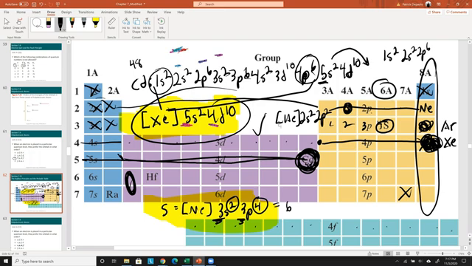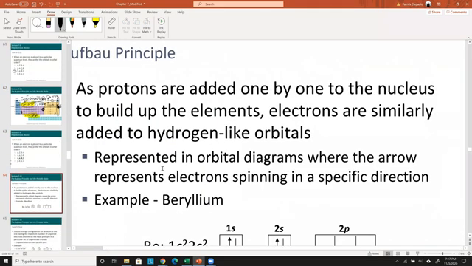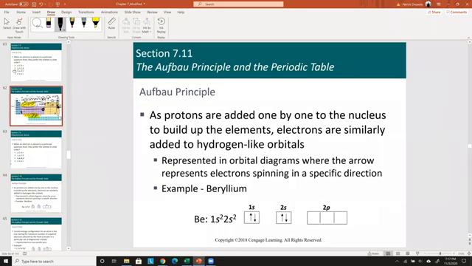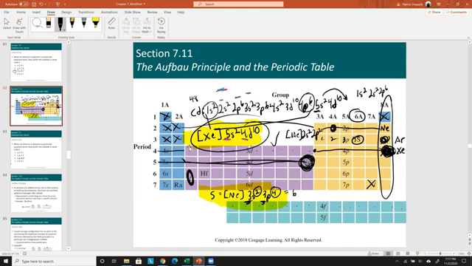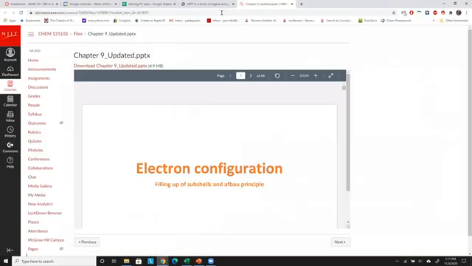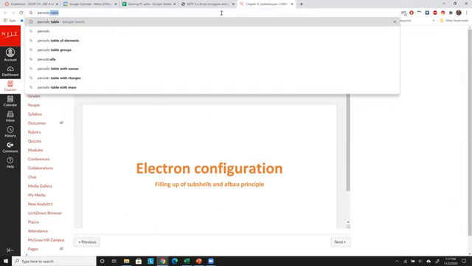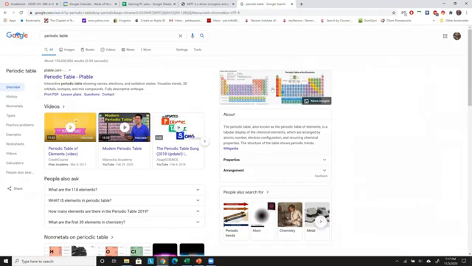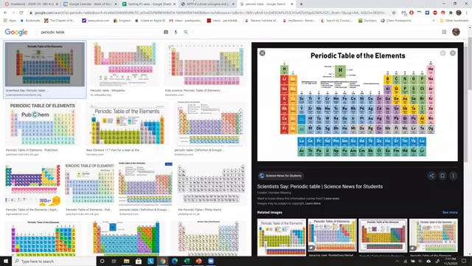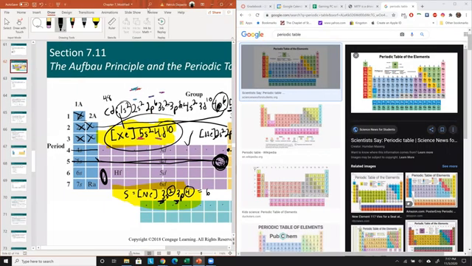Okay, so here's what we're going to do now. We're going to do some practice, and we're going to take a little mini break. Oh, yeah, the Aufbau principle. Okay, we'll do the Aufbau principle when we come back from our mini break. So let's do some practice. I'll put up a real periodic table. Split screen.